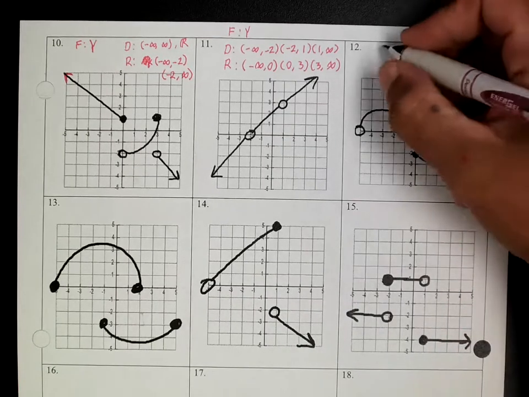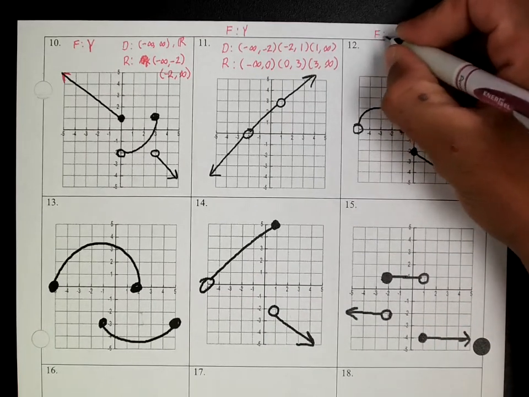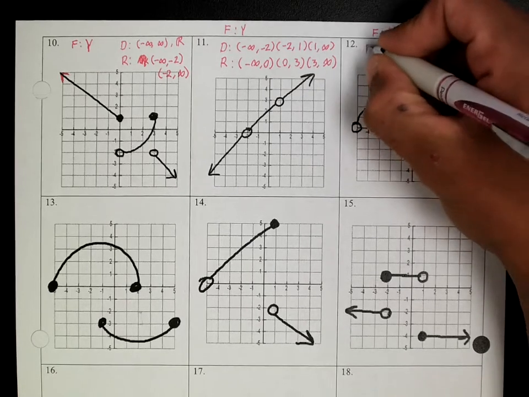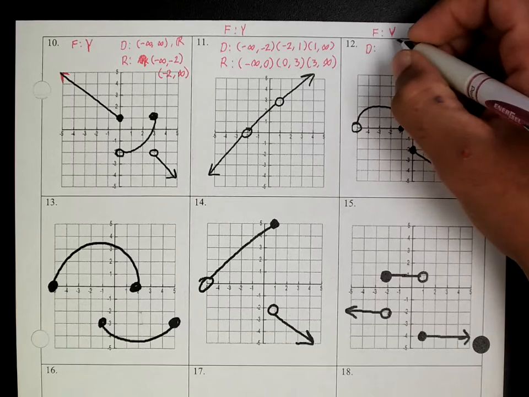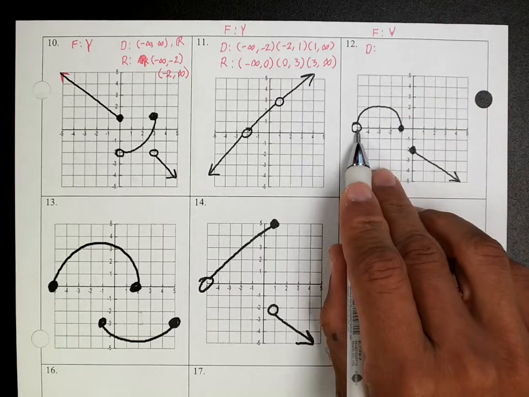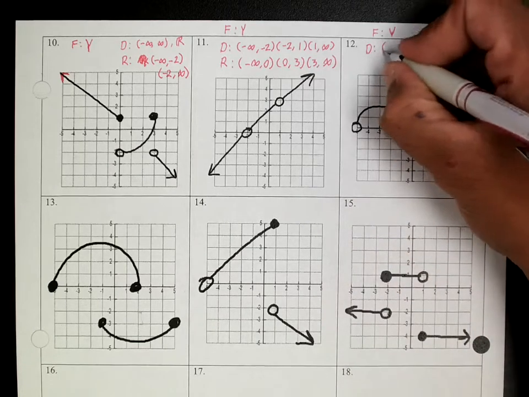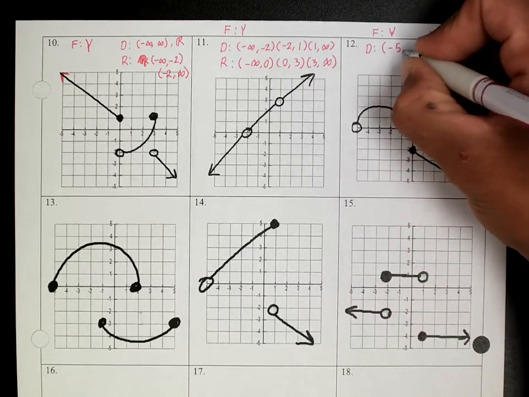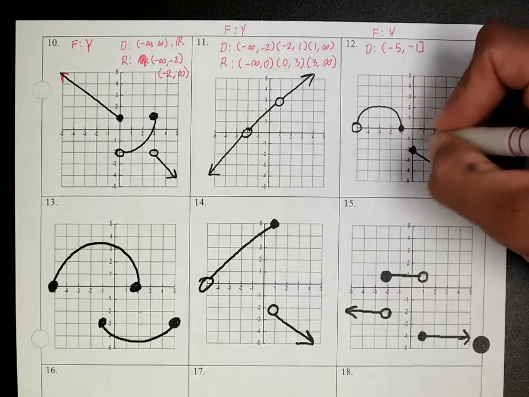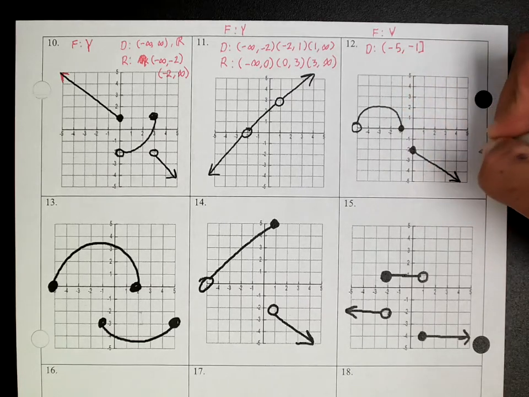Alright, so domain, is this a function? Yes. Alright, here comes the domain. The domain is going to go between here and here, which is going to be -5 to -1, including -1, and then we're going to go between 0 and positive infinity.